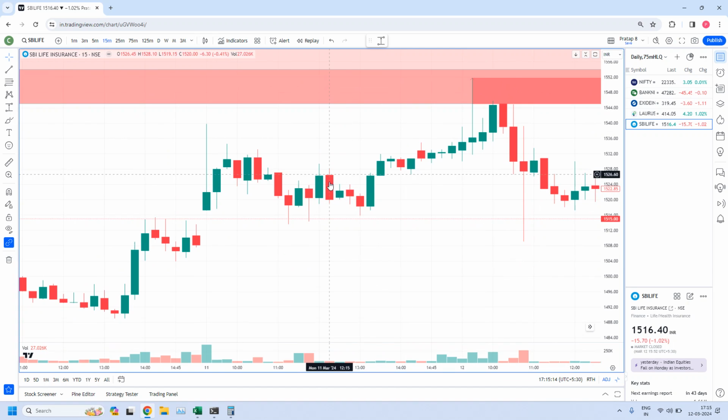So where is this? We have a rally, 3 base candles and a drop, 3 base candles and rally. This is the 15 minutes demand zone.